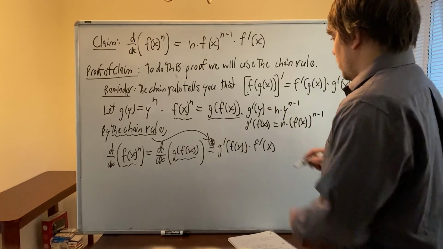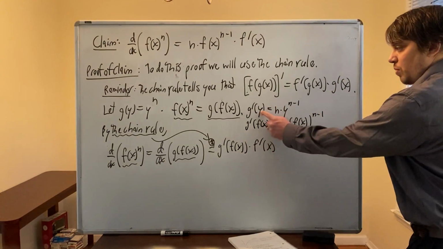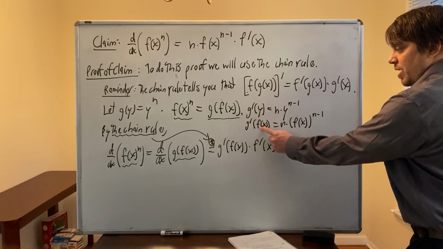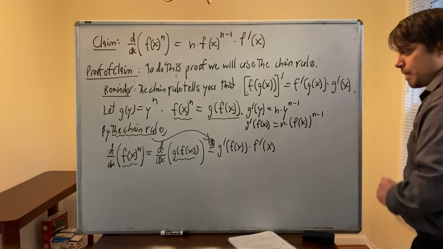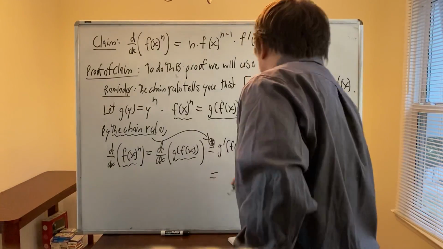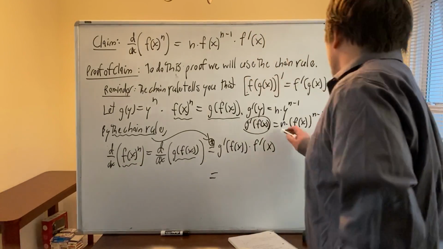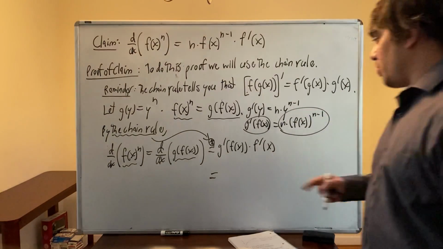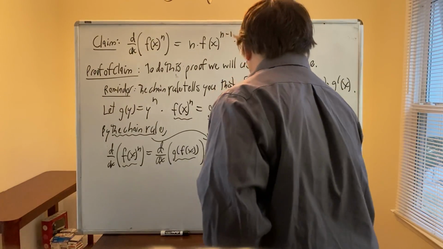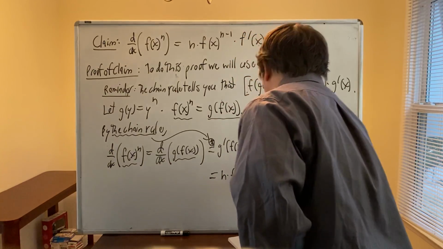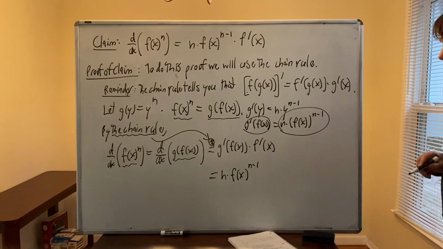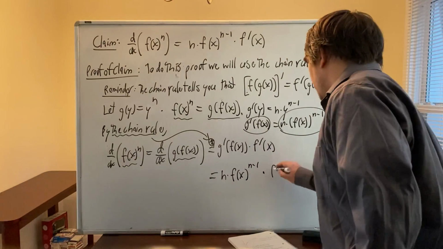Instead of the input being y, it's now f of x. And so y is a variable. So this g prime of f of x here becomes n times f of x to the n minus first power. And then that's times f prime of x.